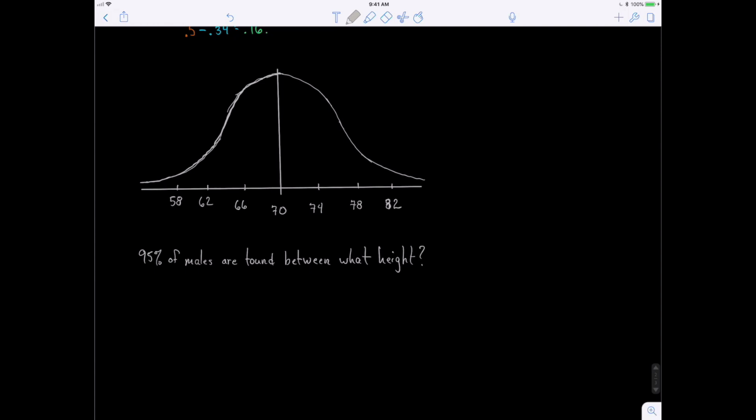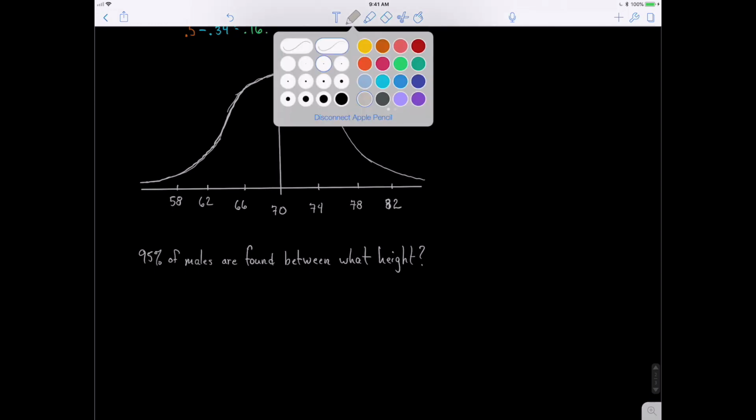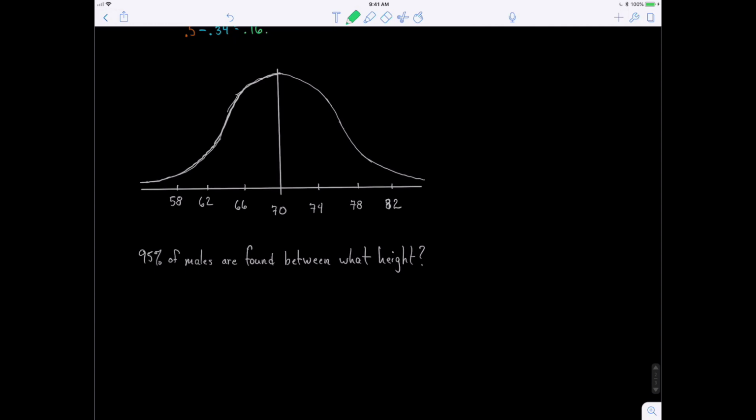Okay, well, I could probably make my F look better. There. So that might help the whole problem. Let's take a look at this. This one actually becomes a direct application of the empirical rule.